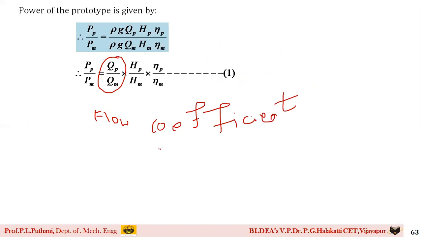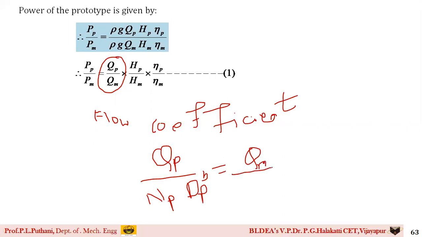You can write it as QP by NP dP cube is equal to QM by NM dm cube. We need QP by QM. So what can I write?